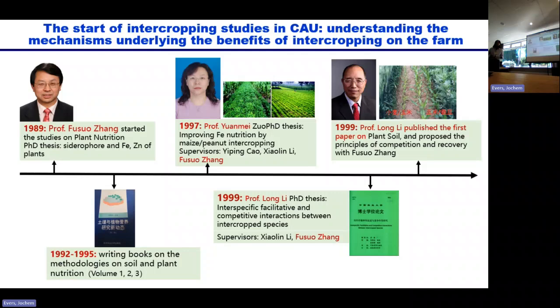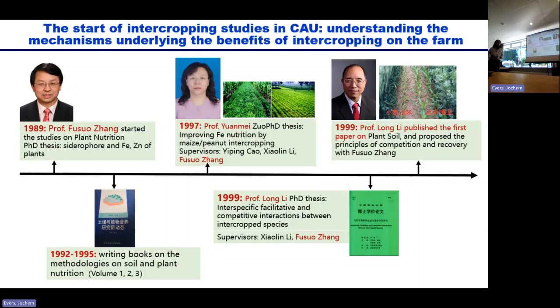They found that in the farmers' fields, for example in the central part of China, the soil is calcareous, and the peanut is facing some iron deficiency. We can see the monoculture peanut with some yellow leaves. But an interesting phenomenon is that the peanut leaves are green when they grow neighboring maize.